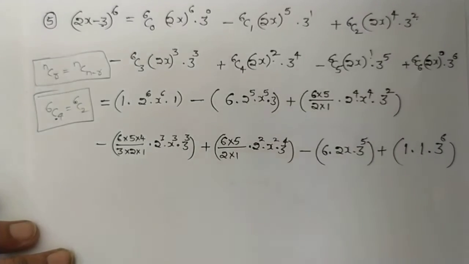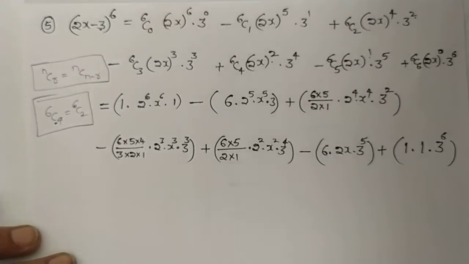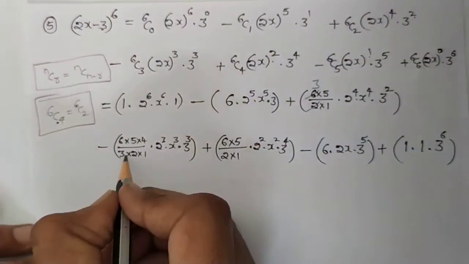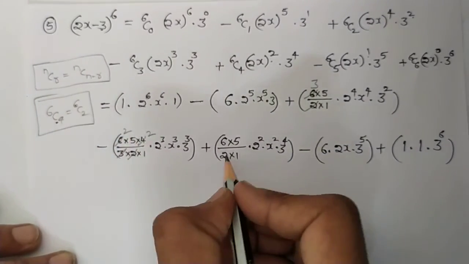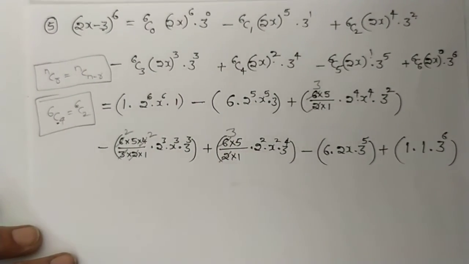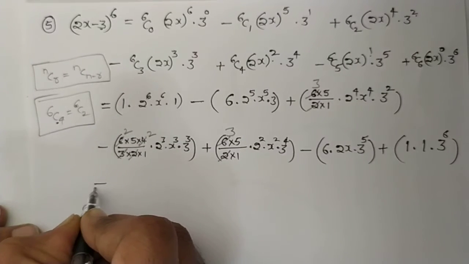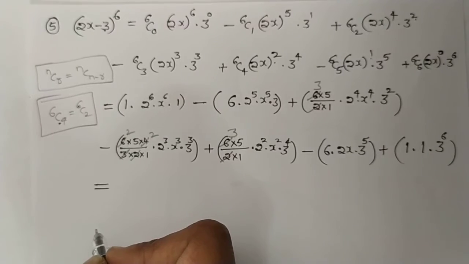Now you just see which terms get cancelled. Now simplify it using a normal calculator. Scientific calculators are not allowed. You can use a normal calculator in the annual examinations.